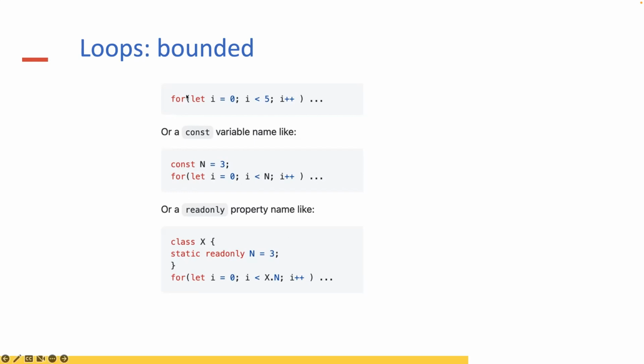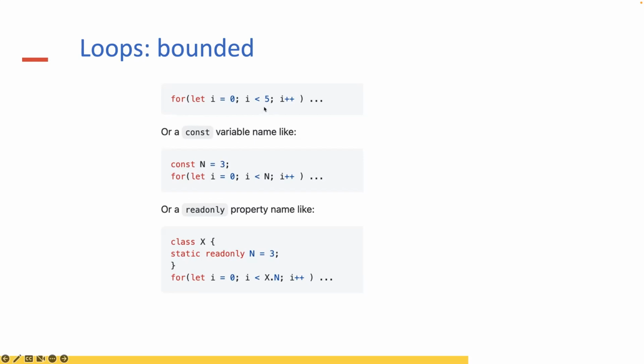So that's why we only support one type of loop, the for loop, and also it has to be this form. It has to be for let i equals 0, and then it has to be strictly less than some number, and this number has to be known at compile time. So for example, it can just be a number literal, right? So 5. You have 3 ways to define this upper bound here.